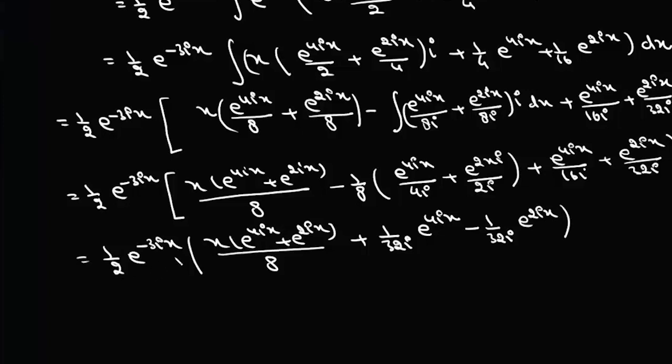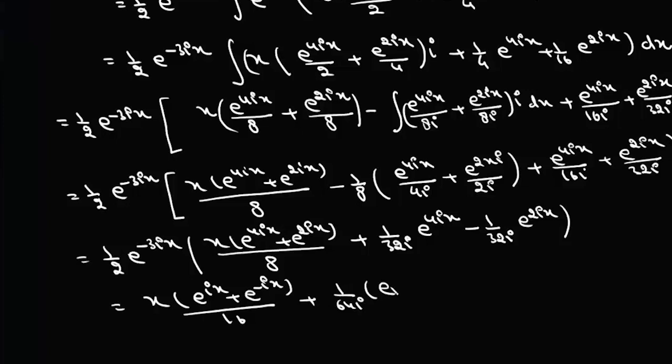Now we will multiply 1 by 2 e to the power minus 3 iota x inside, so it will be this x, and then it will be e to the power iota x plus e to the power minus iota x upon 16 plus 1 upon 64 iota e to the power iota x minus e to the power minus iota x.